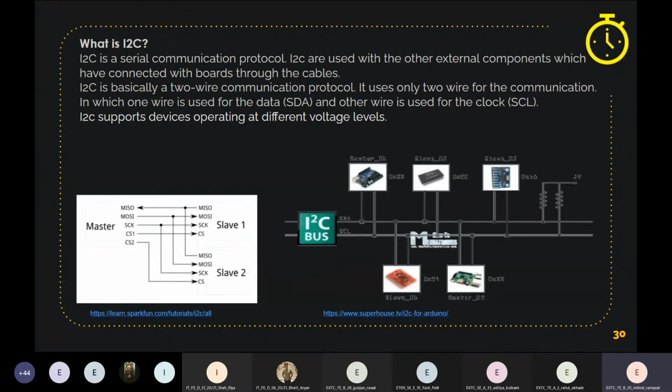What it means is that you can use one sensor operating at 3.3 volts, and also connect another sensor operating at 5 volts. So operating at different voltage levels is not an issue here. That's how we connect multiple sensors onto just two lines, the SDA and SCL pins.